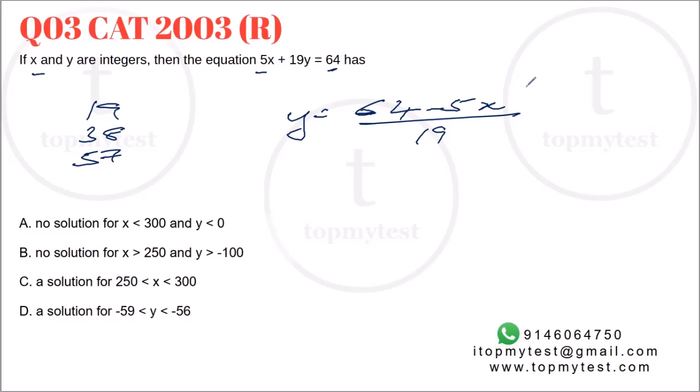Given that x is also an integer, 5x cannot be 7. 64 minus 38 is 26. 26 is not a multiple of 5, so that is also out. Can it reach 19? Yes. 64 minus 45 is 19. So if you put x equal to 9, y will be equal to 1.